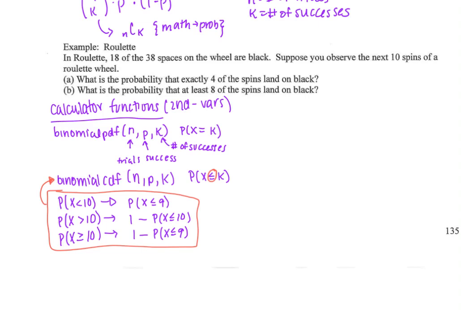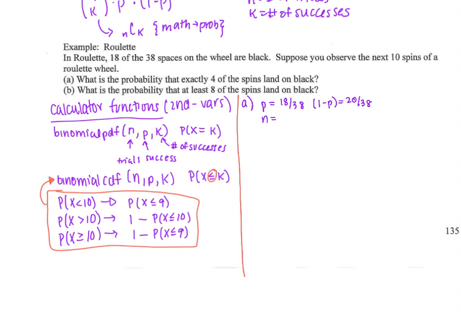And with anything used in the calculator, you have to label all your variables, state, plan, do, conclude type of thing. So let's look at part A of this example. It says, in roulette, 18 of the 38 are black. You're going to spin 10 times. What is the probability that 4 land on black? So the probability of success is 18 out of 38, which means the probability of failure is going to be 20 out of 38. So if we were doing that by hand, we would need this information.